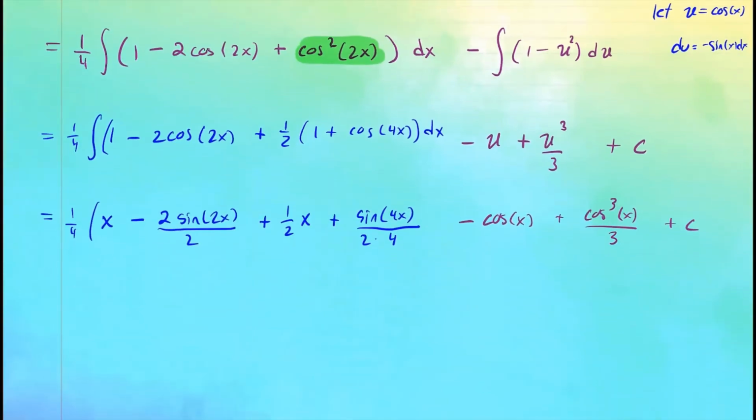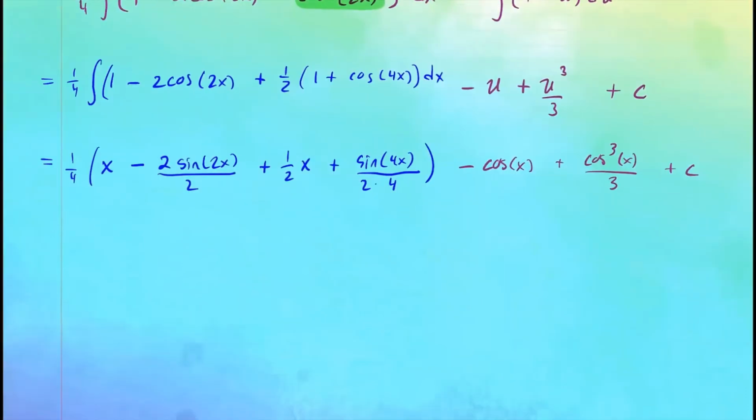Now carrying on with this. So we have, finishing up, 1/4 x minus, here these can cancel out. So you just have 1/4 sine of 2x plus, and then here I'm going to go ahead and distribute the 1/4 to the third term.